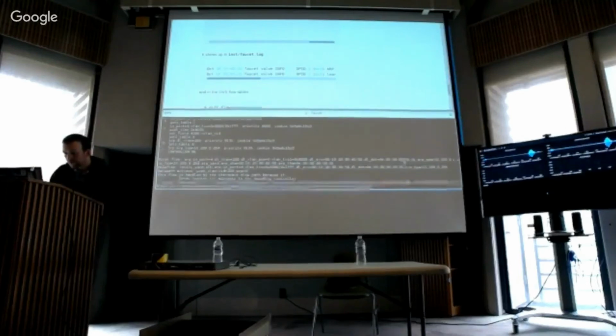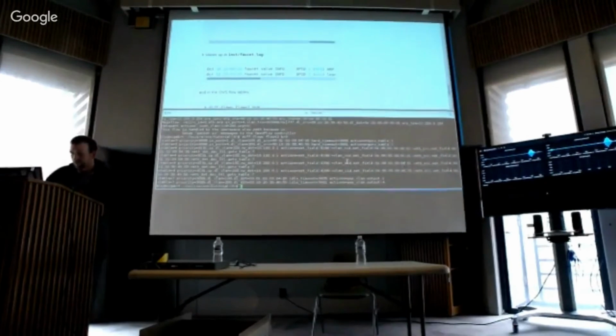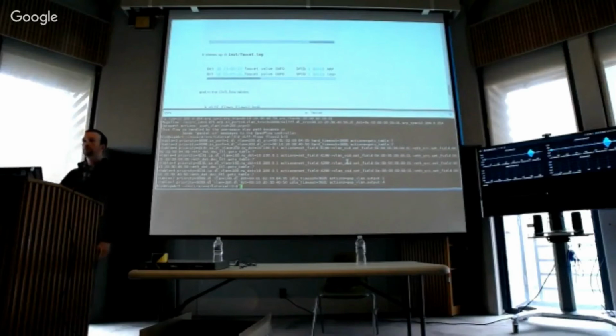Then we can do a similar diff on the OVS flow table. From here we can see that now the MAC and the MAC to IP bindings have been learned in both directions. So the question now is, did Faucet buffer that IP packet that was waiting for ARP resolution and send it on, or did it drop it?